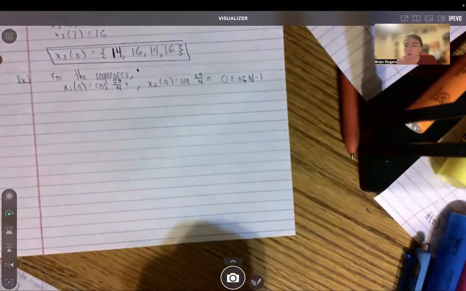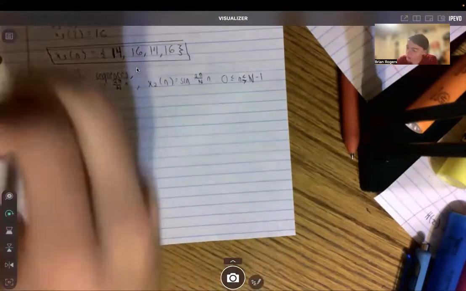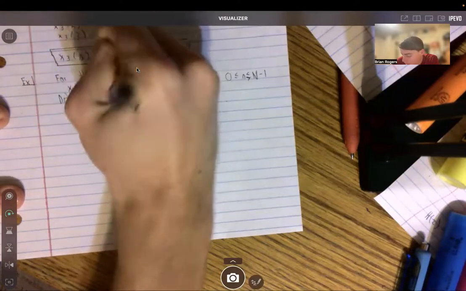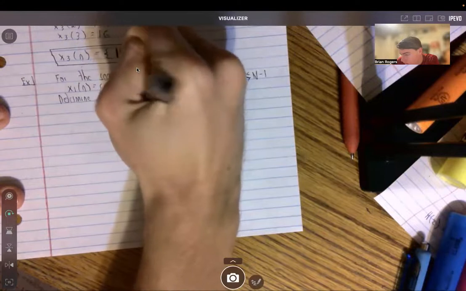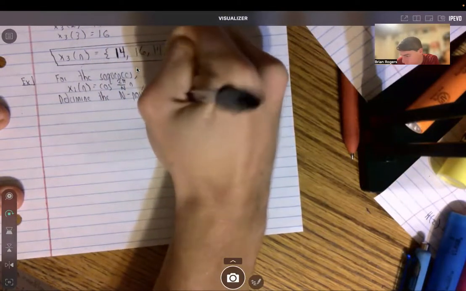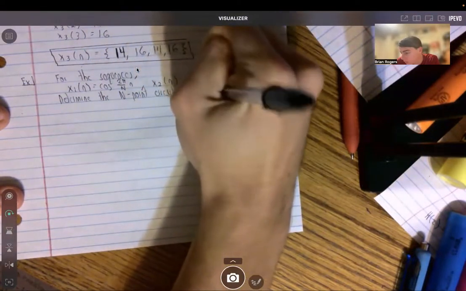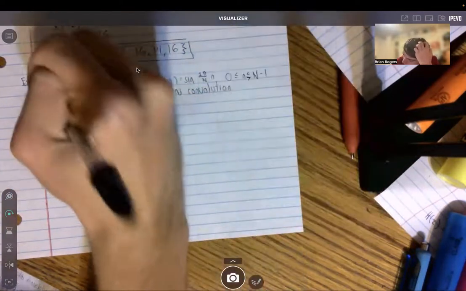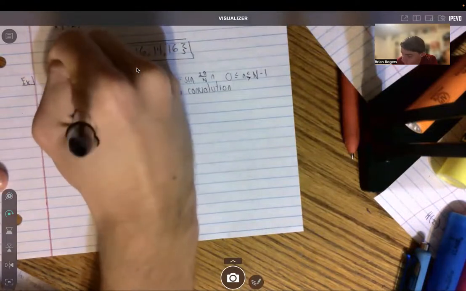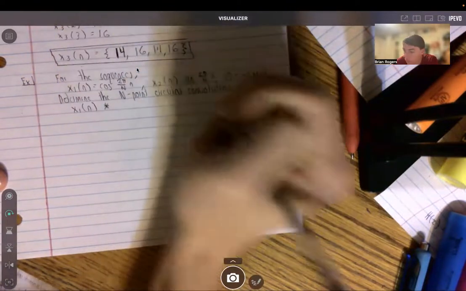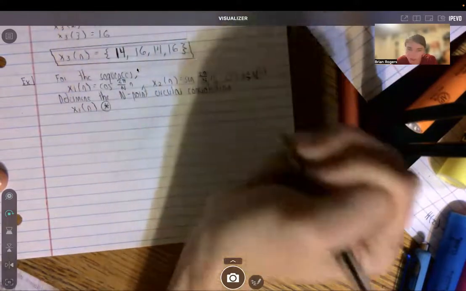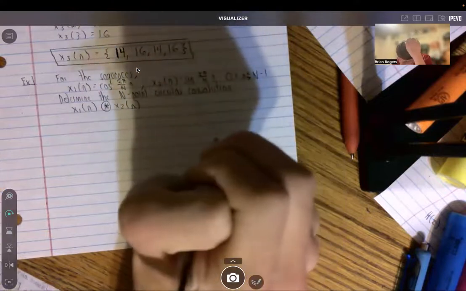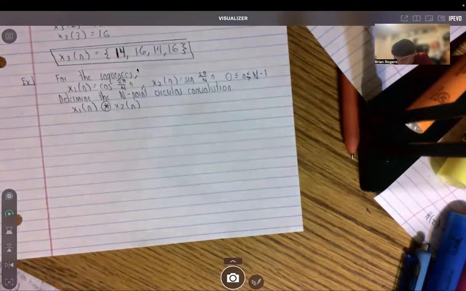Okay, so what this one says is determine the N-point circular convolution. They didn't say use the time domain or anything. They just gave us the circular convolution x1, circular convolution written this way, where it's the convolution, but they just put a circle around the operator, then x2 of n. So they said determine the N-point circular convolution.